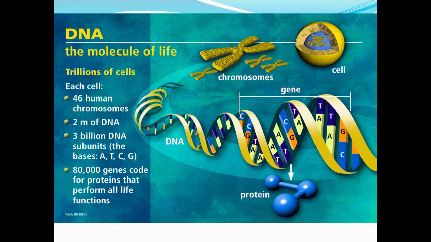So we know that humans are made up of trillions of cells, and each cell has 46 human chromosomes, 2 meters of DNA, 3 billion DNA subunits, which are A, T, C, and G, and over 80,000 genes that code for proteins that perform all life's functions.